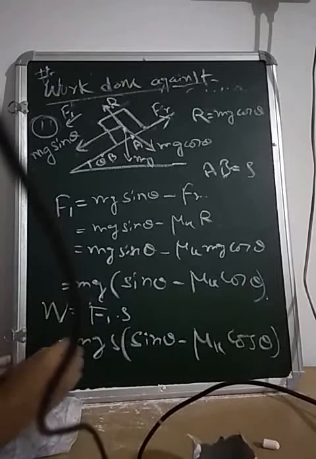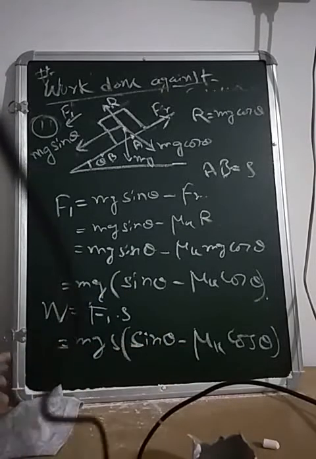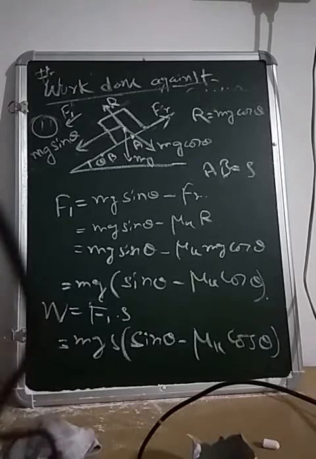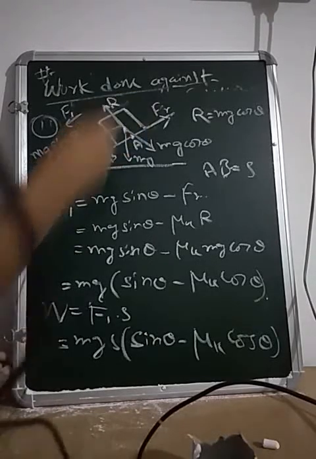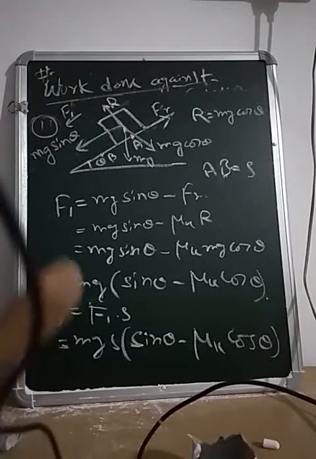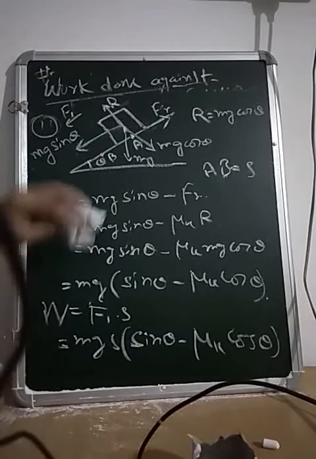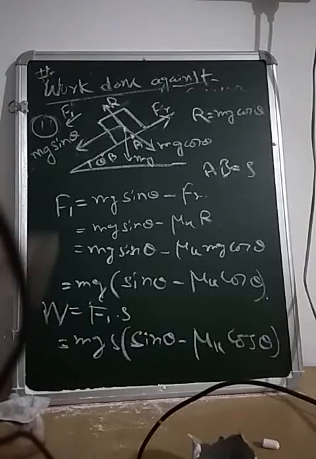So this is what we get. See, less force is required to slide the body in the downward direction. And this is how we calculate the force or the work done in moving a body upward or downward on an inclined plane.